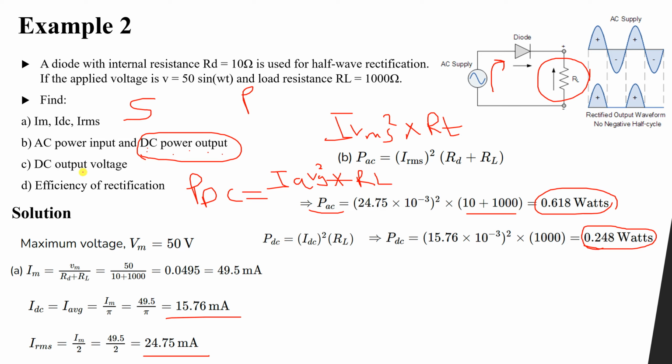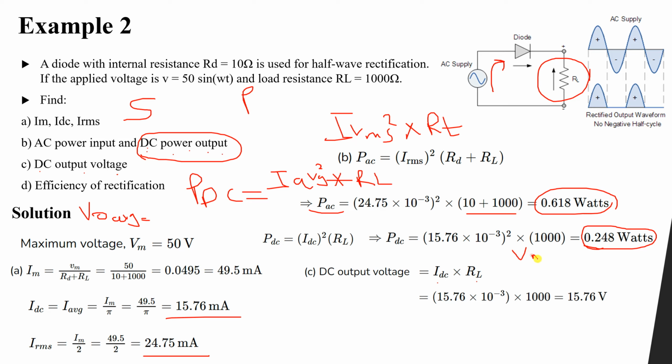So next one, DC output voltage. What does this mean? V output average will be V max over pi, as we learned. It is very simple, right? It will be I DC, I average, multiplied by RL, or as you can see here, V max over pi, which is 50 divided by pi.